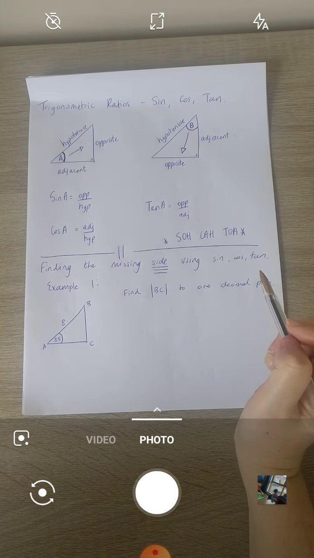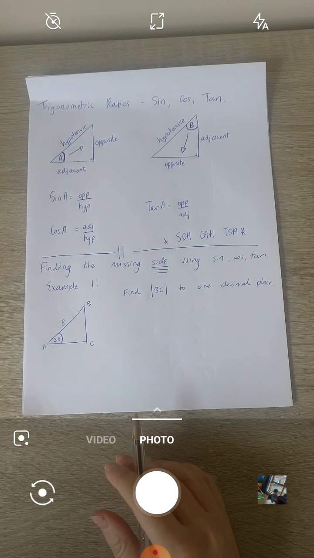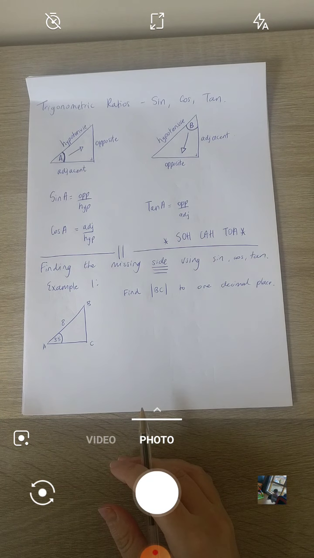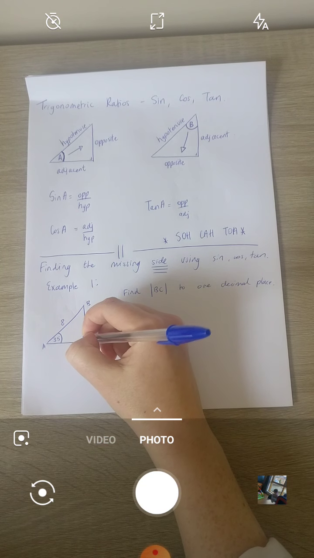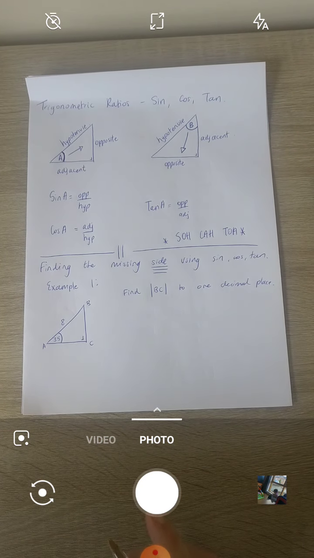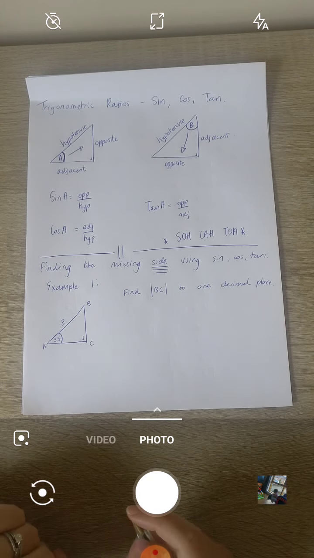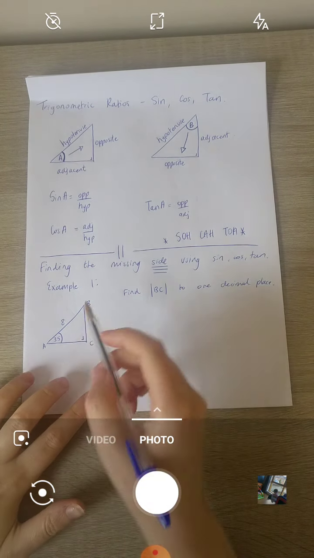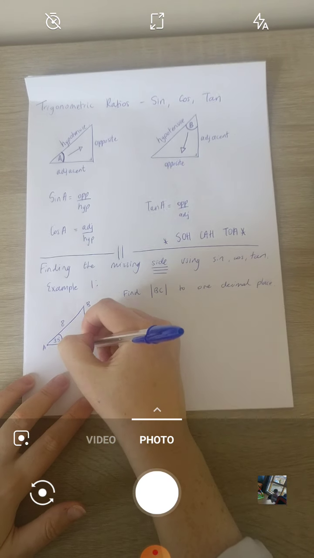So the best thing we can do here is to go through examples, because in theory it probably seems a little bit more complicated than it is. So example 1, we are given our right angle triangle. Okay, remember you're only using this if you have a right angle triangle. You can't use it if it's not a right angle triangle. So we've right angle triangle A, B and C. These are the vertices.